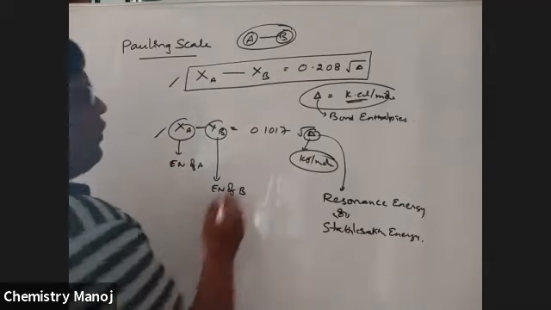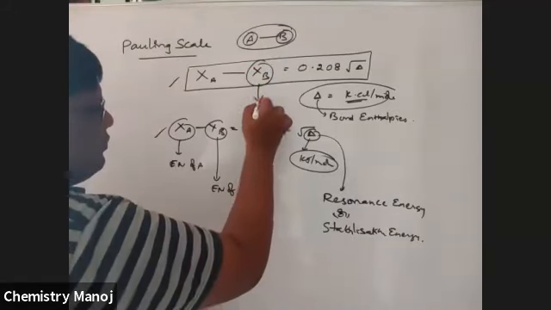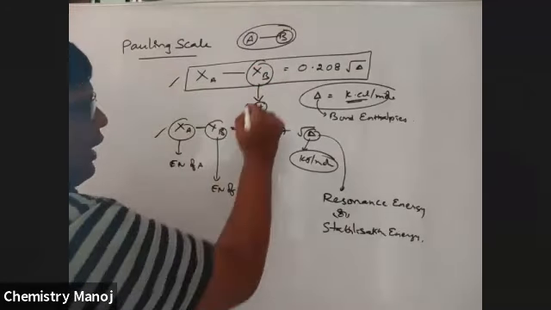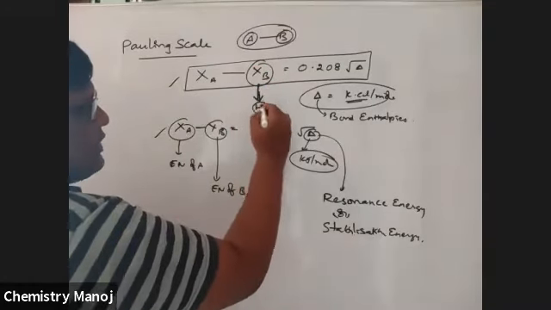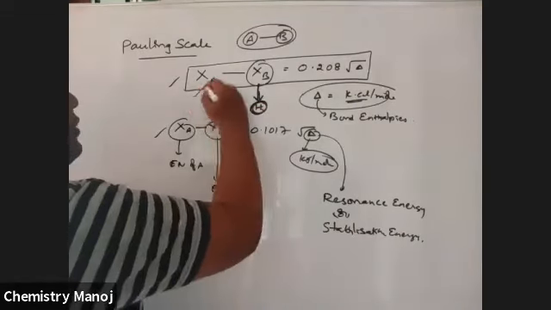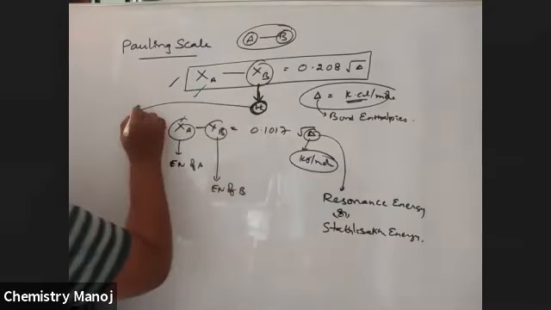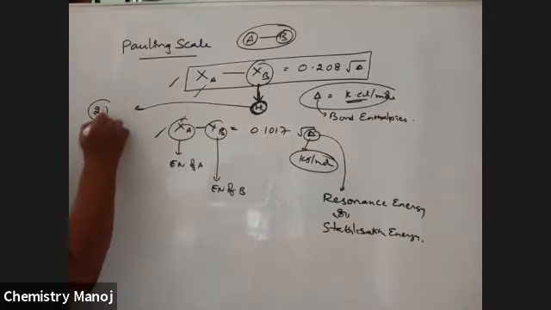If one of these two atoms is hydrogen, now I take a reference element, hydrogen. By using hydrogen electronegativity, another element's electronegativity is going to be calculated. So hydrogen electronegativity is taken as 2.1.